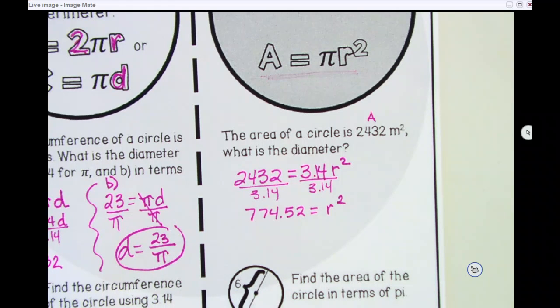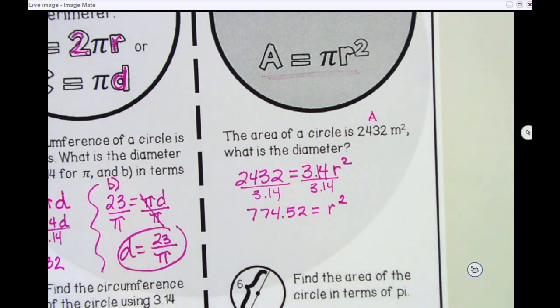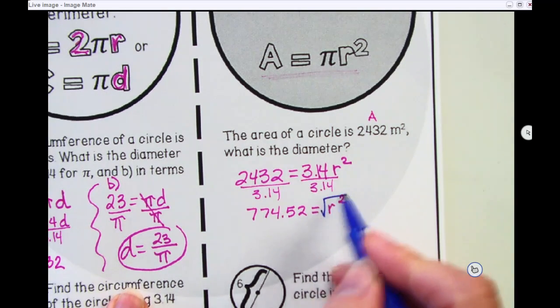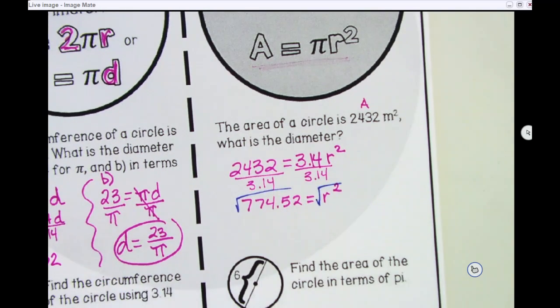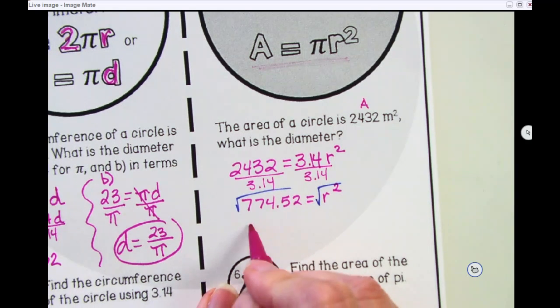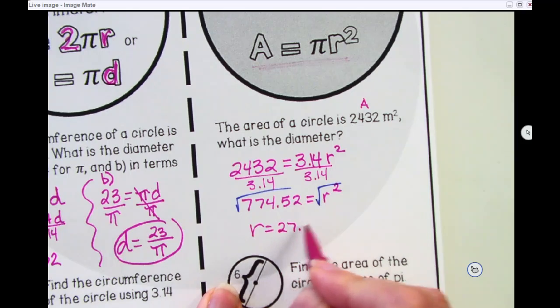How do I get rid of the squared? Yep, we are going to square root that. So the square root of it. Okay, I get radius is 27.83.